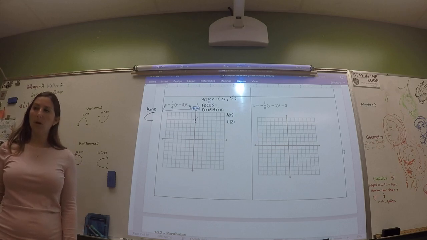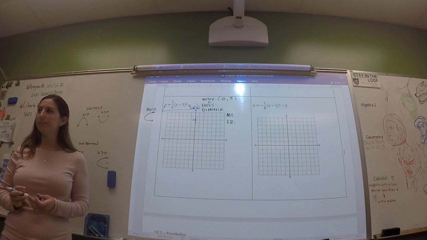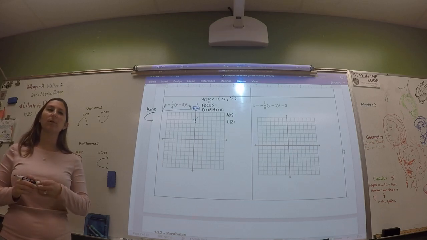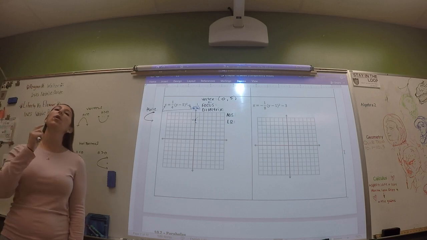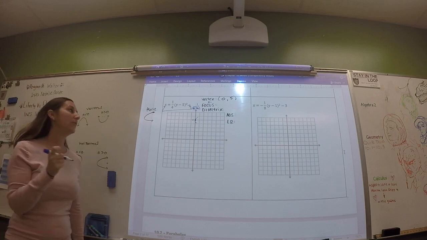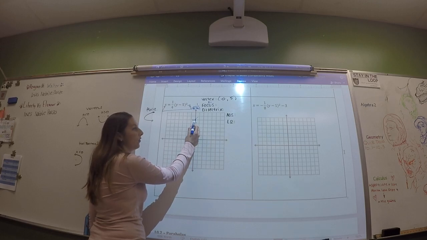Focus isn't 1. It's 1 away from our vertex. If our vertex is here and it opens to the right, where would the focus go?